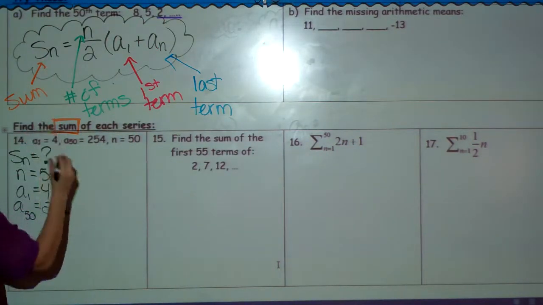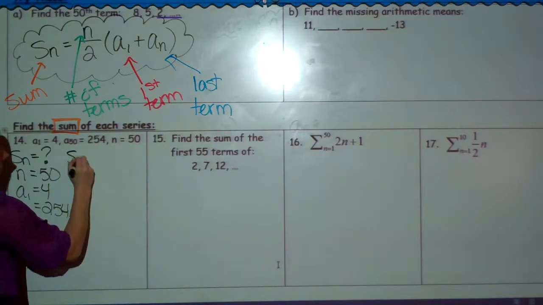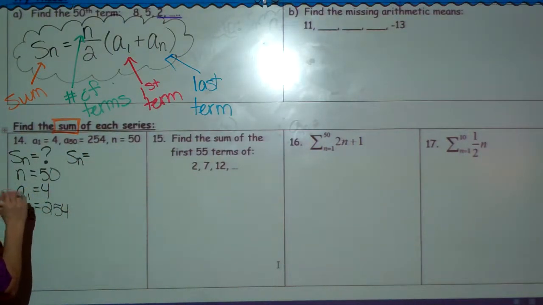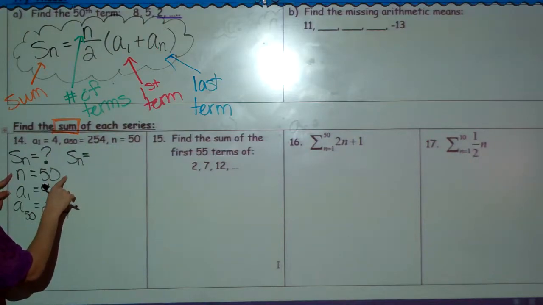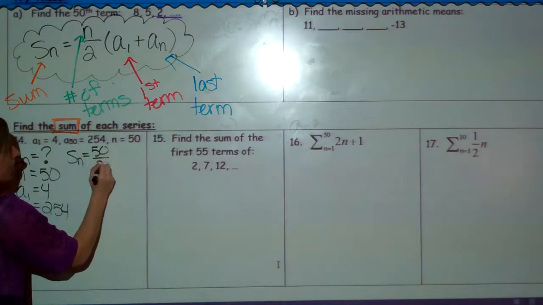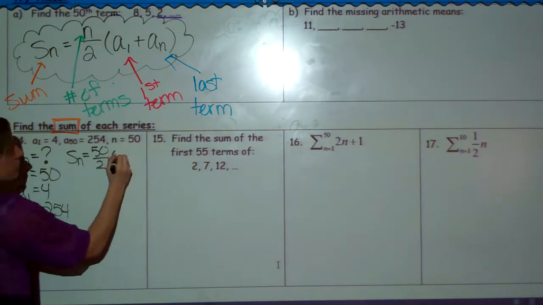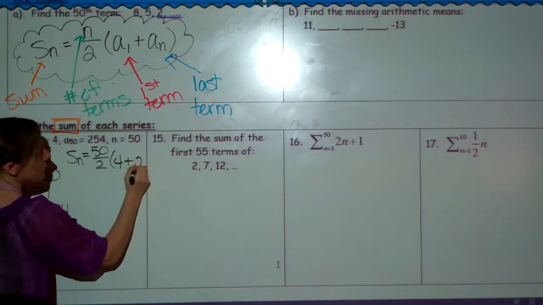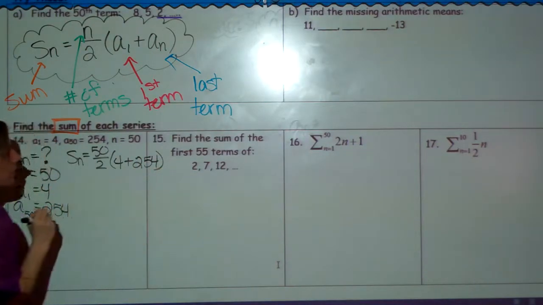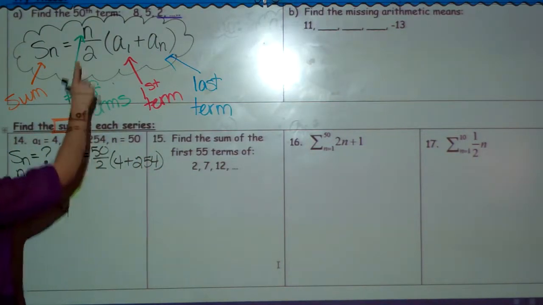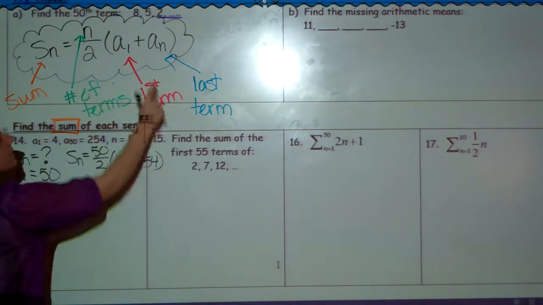So the sum equals, this is a little narrow for me to fit in, but that's okay, 50 divided by 2 times 4 plus 254. Okay, so I just plugged n, the first term, and the last term into the formula.